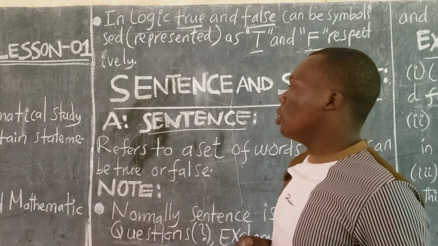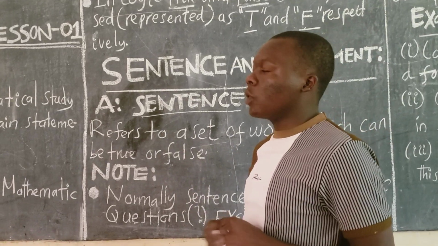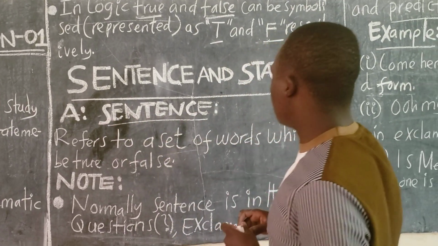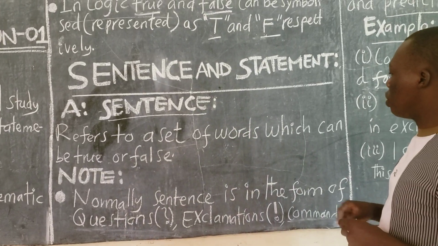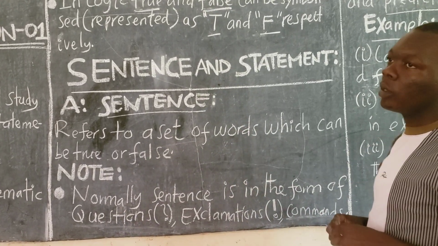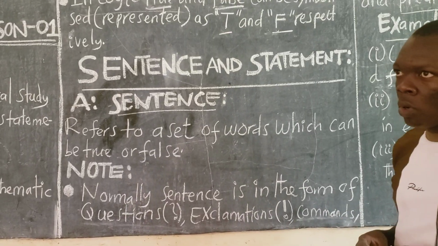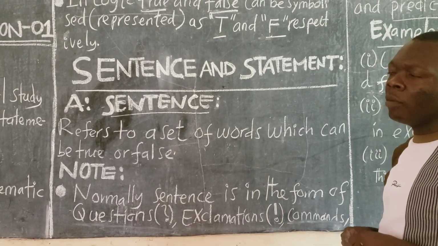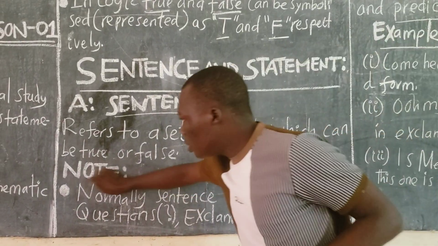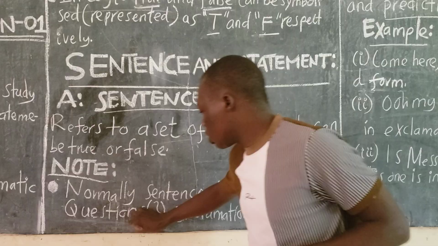Also in logic, we have sentence and statement. Starting with the sentence: a sentence refers to a set of words which can be true or false. But you have to note that a sentence normally can be in the form of a question.